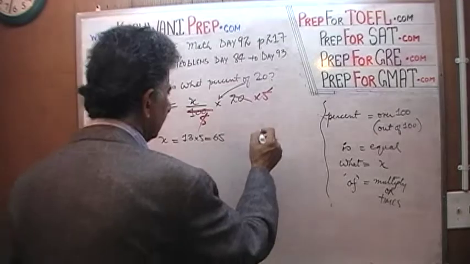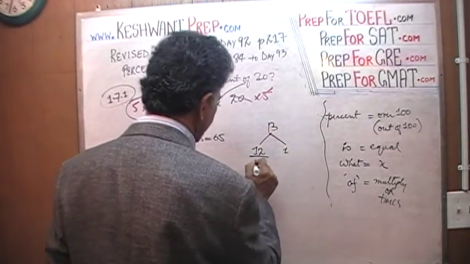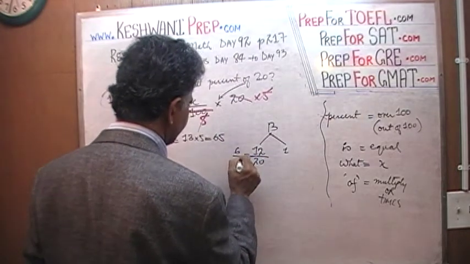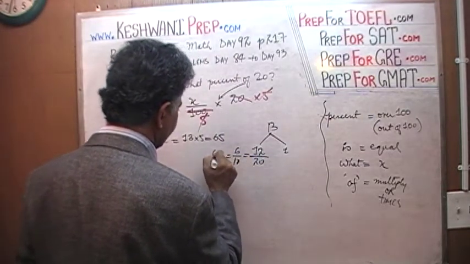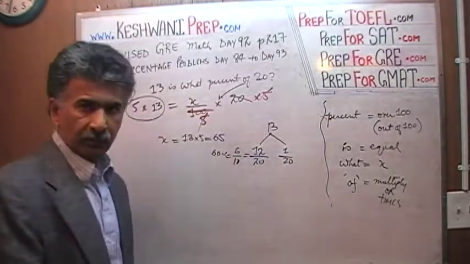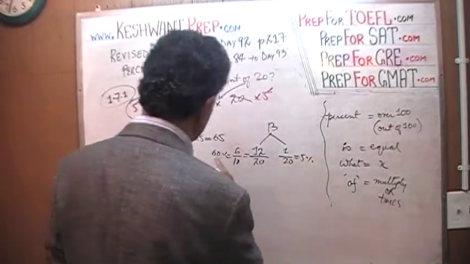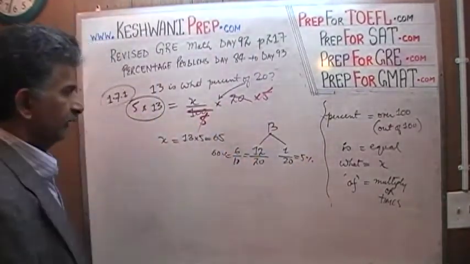You see, 13 is made up of 12 plus 1. 12 out of 20 is the same as 6 out of 10, which is the same as 60%. And then the remaining 1 out of 20 is half of 1 out of 10, which is 5%. So there you go. 60% plus 5% is 65%.